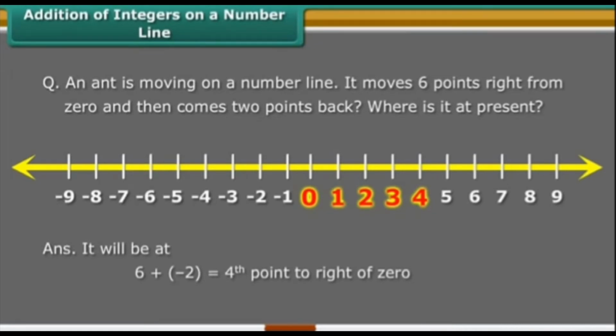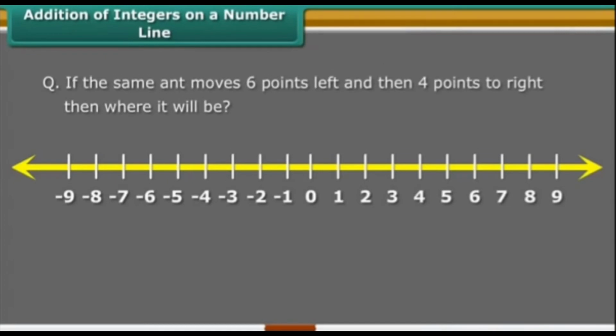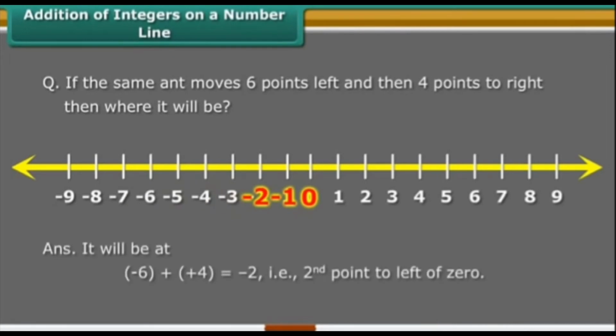If the same ant moves 6 points left and then 4 points to the right, then where will it be? It will be at -6 plus (+4), which equals -2. That is, the second point to the left of 0.